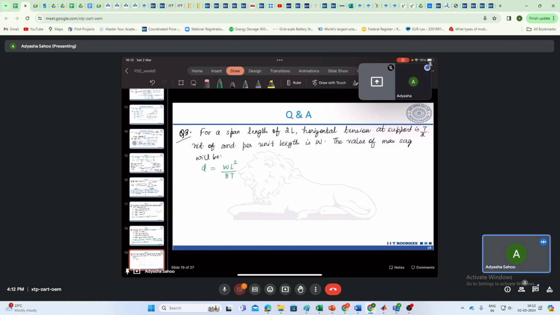So L is your span length. Here it is given as 2L and tension is T by 2. Basically 4WL square by 4T, that will be WL square by T. This is your answer.